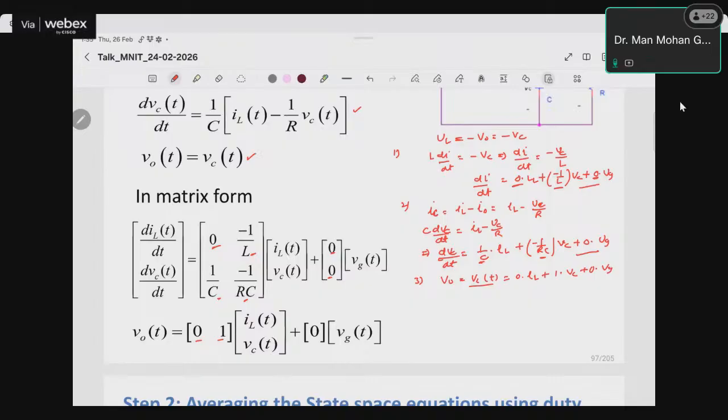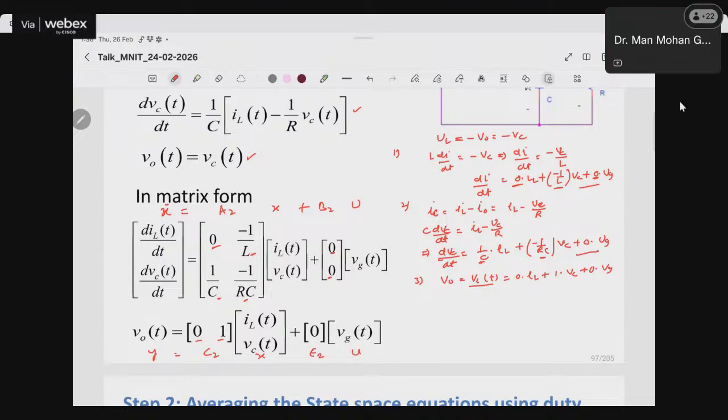Now, this is just x dot equal to A2x plus B2u. And this is y equal to C2x plus E2u, right?